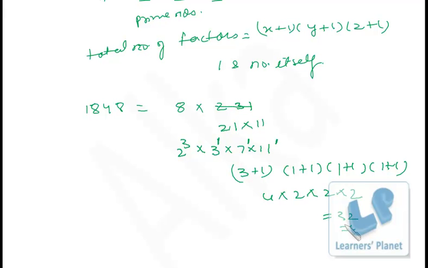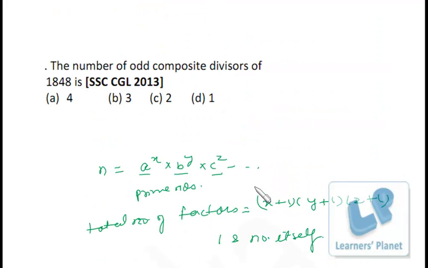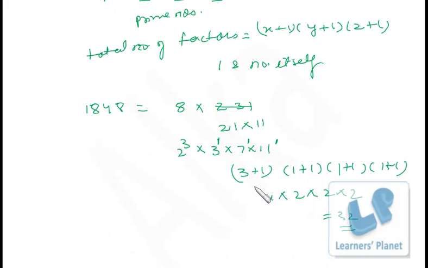So that is a general idea I am giving you. Now in this particular question you are asked about odd composite divisors. When we calculate the divisors as 32, it includes the number 1 also, which is not composite. It includes 3, 7, 11, 2, all of which are not composite, right?